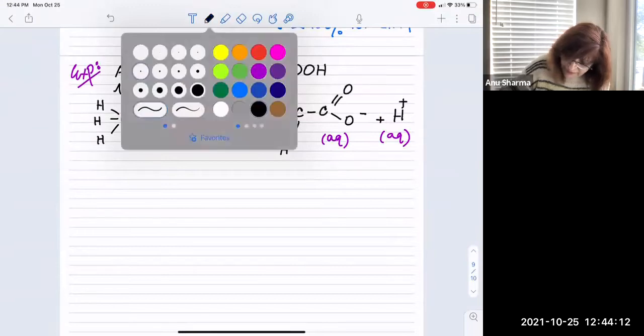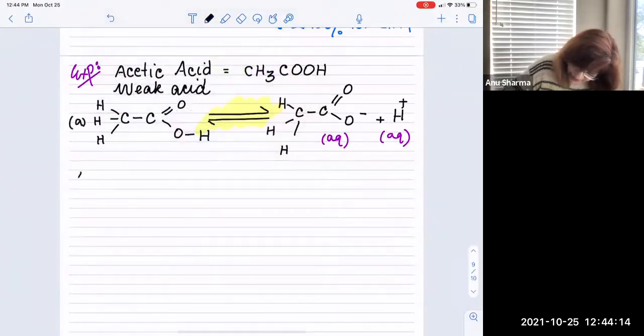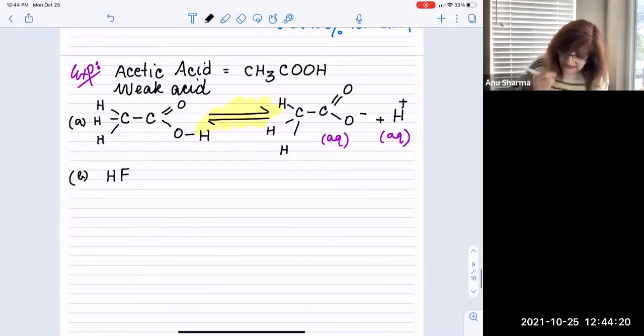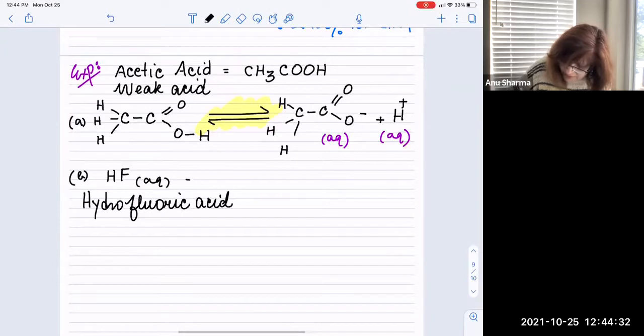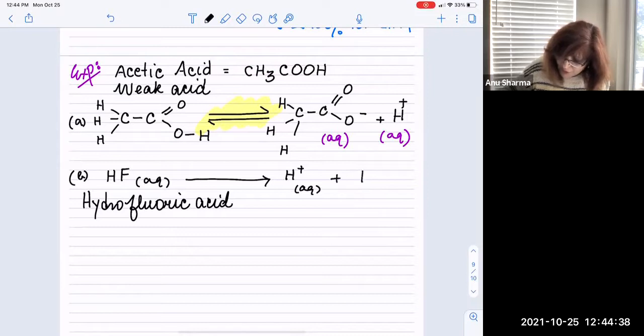So this was one example. Another example is HF. This is the acetic acid. This is the hydrofluoric acid. Hydrofluoric acid AQ breaks up into hydrogen ion AQ plus fluoride ion AQ.